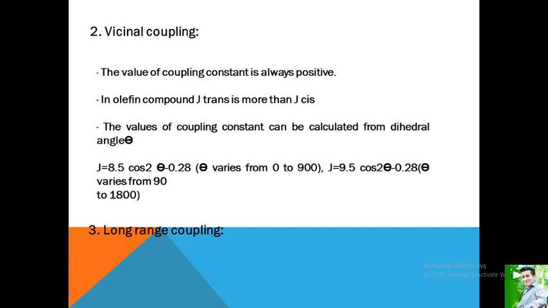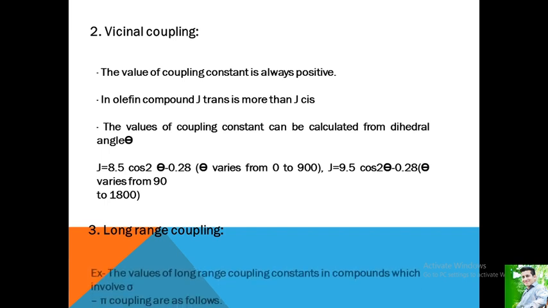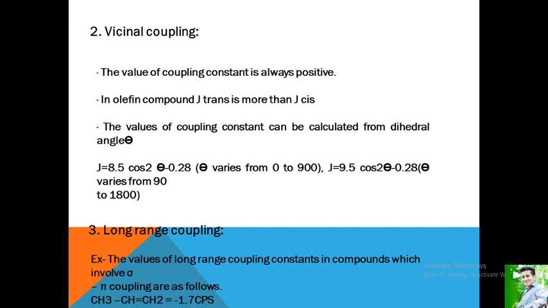The effect of nuclear spin is transmitted from carbon to hydrogen of the CH bond by coupling to the resulting nuclear spin on the carbon atom with pi electrons. For example, the range of coupling constant values in compounds which involve sigma, that is minus coupling, are as follows. So CH3, here we can see the example.